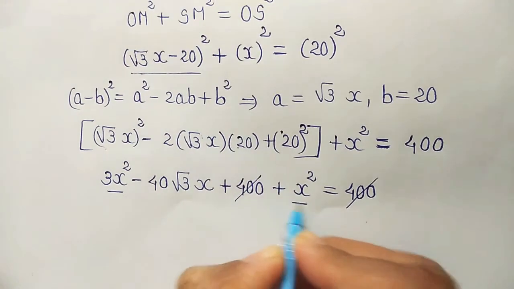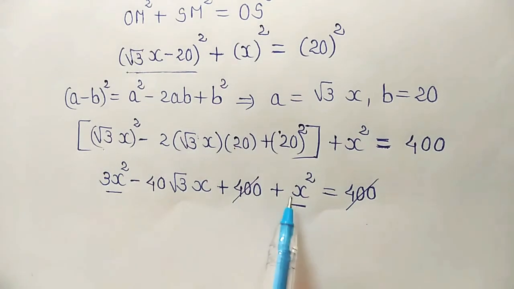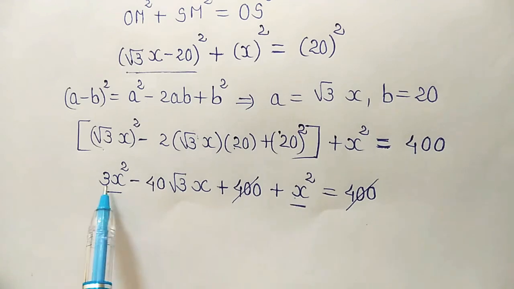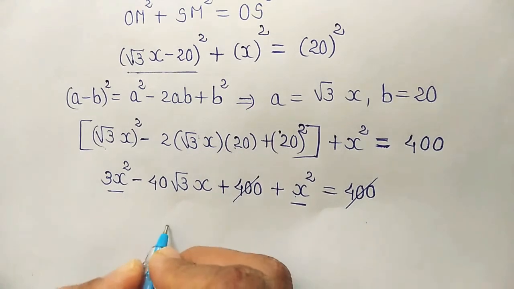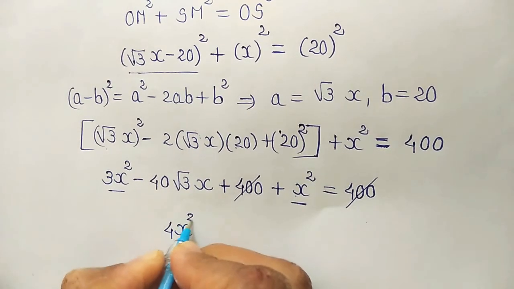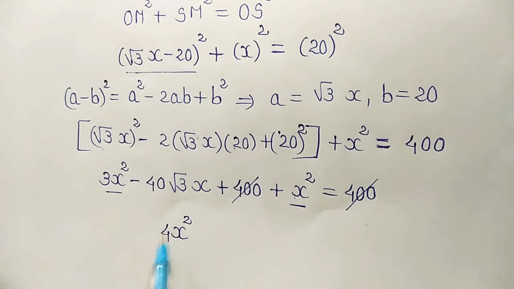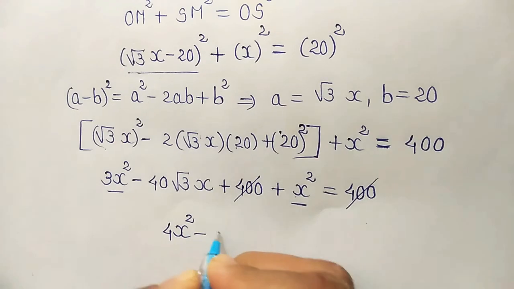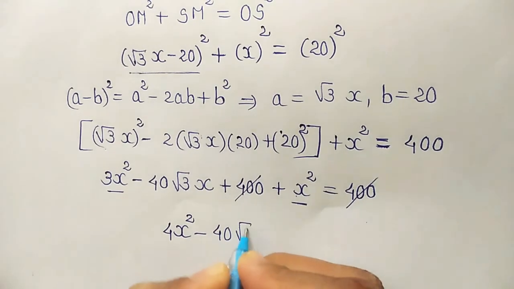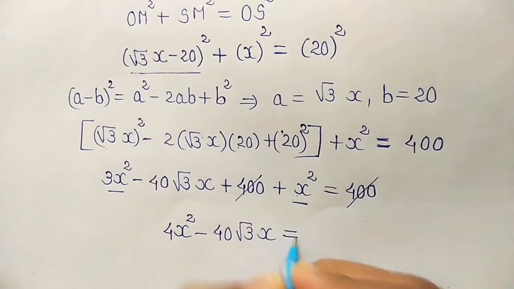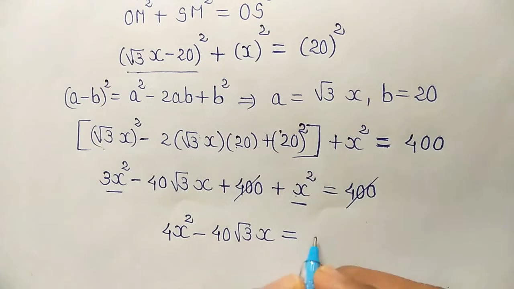This term and this term, 3 plus 1, both are like terms. X square is there, so 3 plus 1 is 4x square. Look at this, 3x square plus x square. 4x square minus 40 root 3x is equal to, what do we have here? 0.